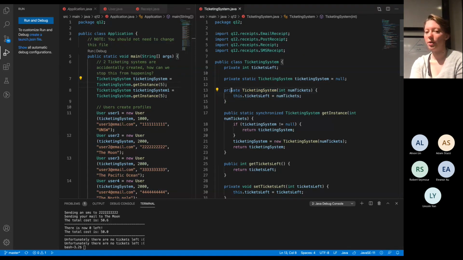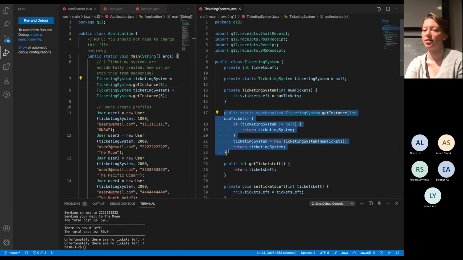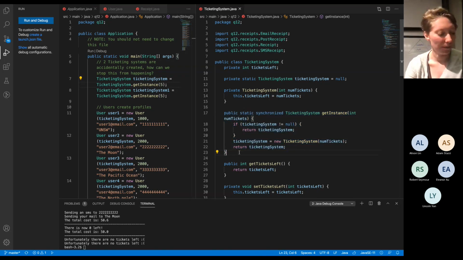That's step number 1, because you don't want other programs or other classes being able to access it and just create it anyway. That's the point of this. We want to hide this and then only allow people to create instances of our class via this getInstance method.